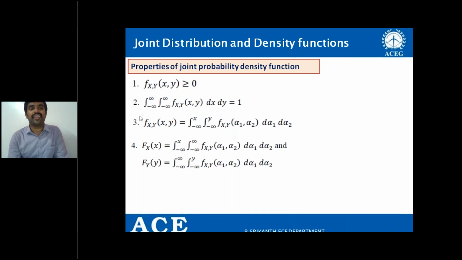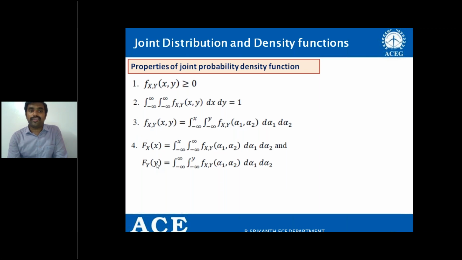It is capital F. I repeat, it is the joint distribution function: capital F_{X,Y}(x,y) equals integral from minus infinity to x, integral from minus infinity to y, of small f_{X,Y}(α1, α2) dα1 dα2, right? Just take a note here, it is capital F.